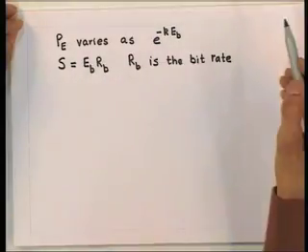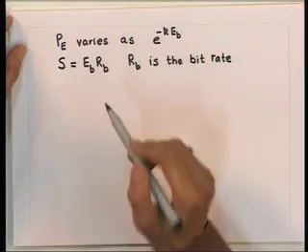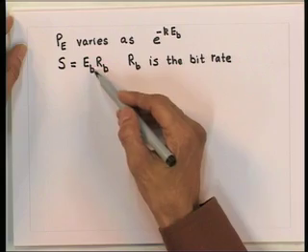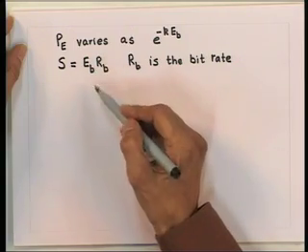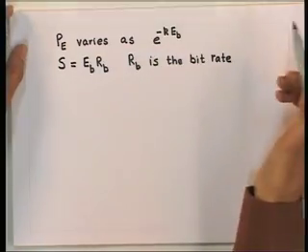Hence, increasing Eb means either increasing the signal power S for a given bit rate, or decreasing the bit rate Rb for a given signal power S, or both.